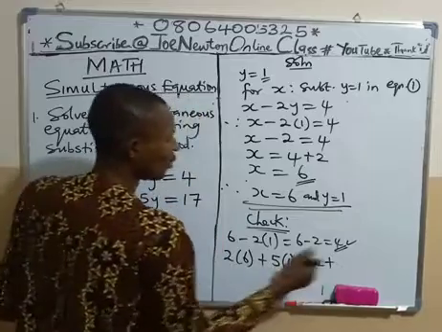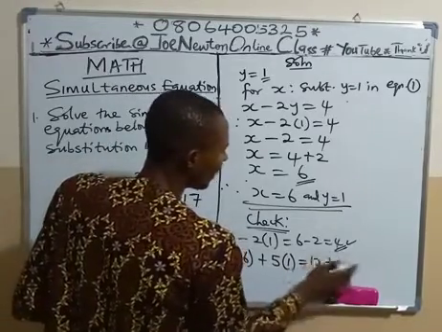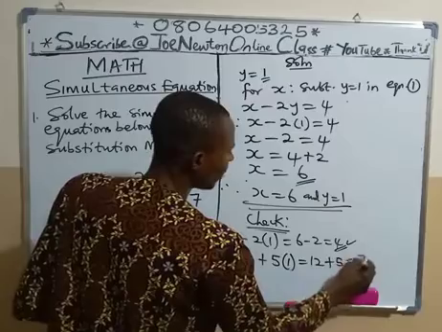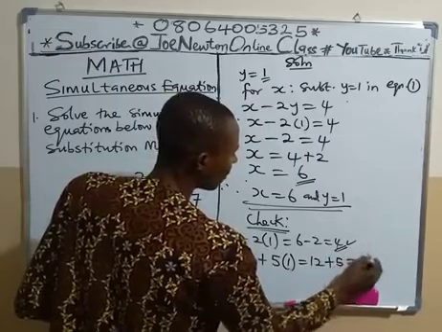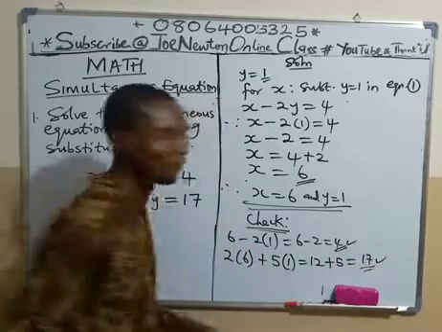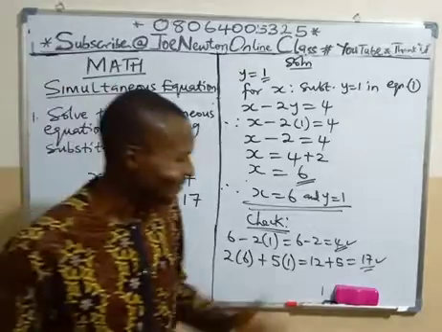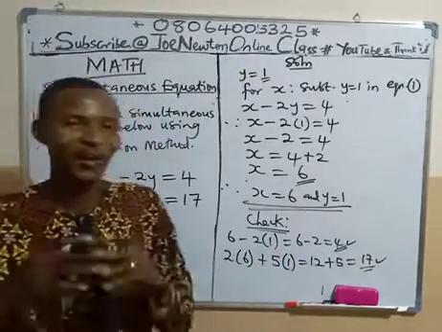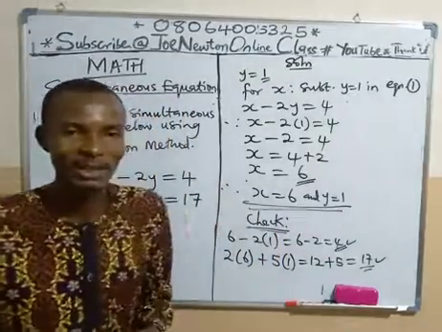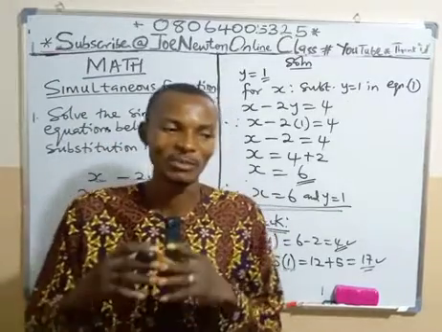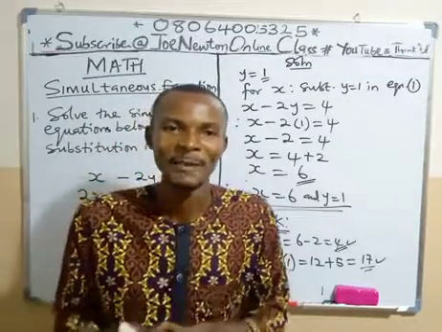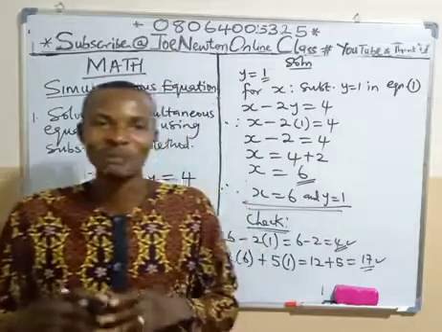Plus 5 times 1 is what? 5. Sorry, 5 times 1 is 5, which will give us what? 17. So confirmed. You can now see that our answers are correct for the mathematical statements of the simultaneous equations given.